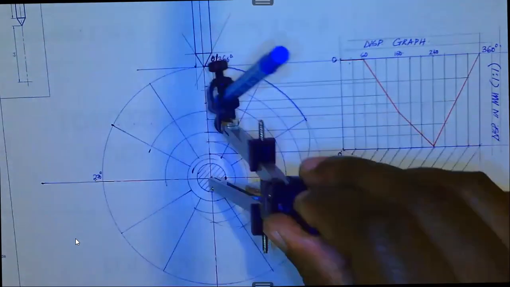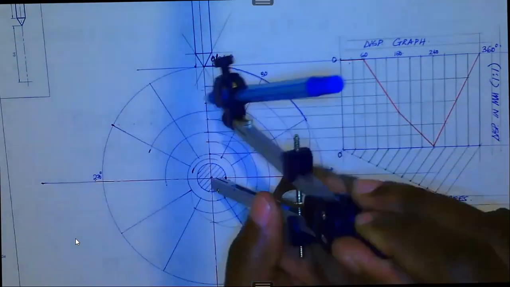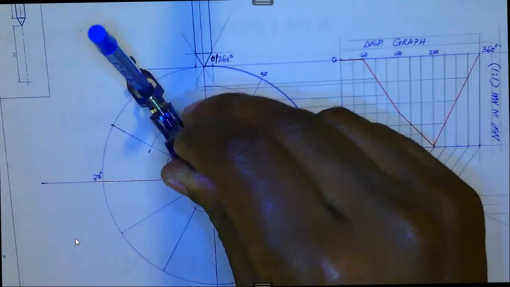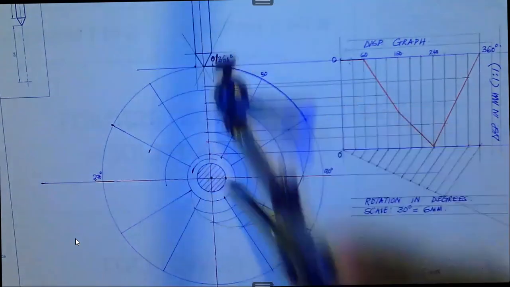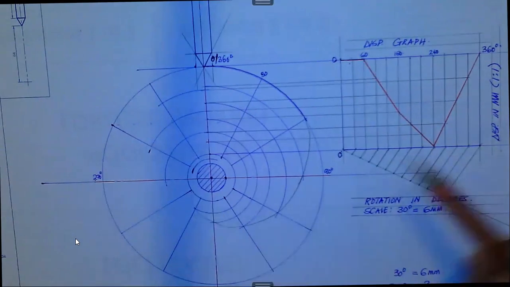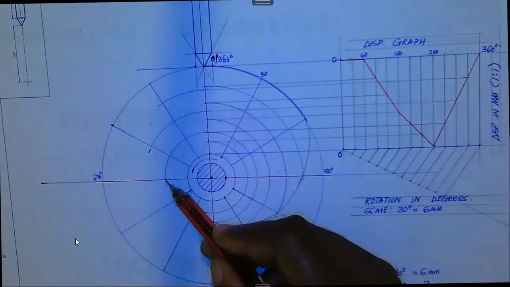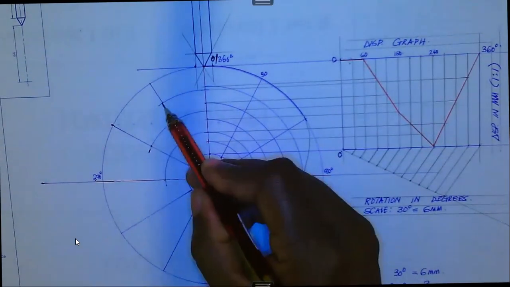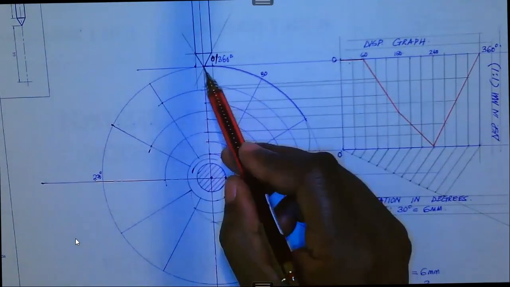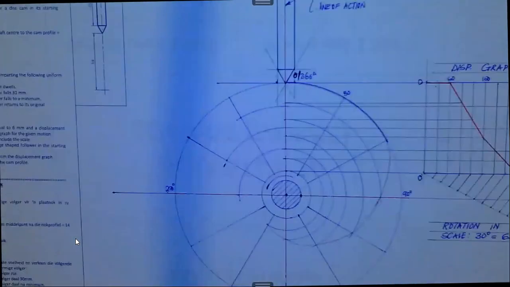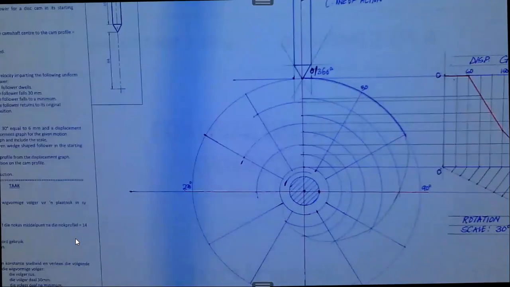Then from there, 330, like this. So you have got 240. From 240, you begin to rise again, which you come here to 270, 300, and 330. Back to the starting position, which is 0, or 360 now.